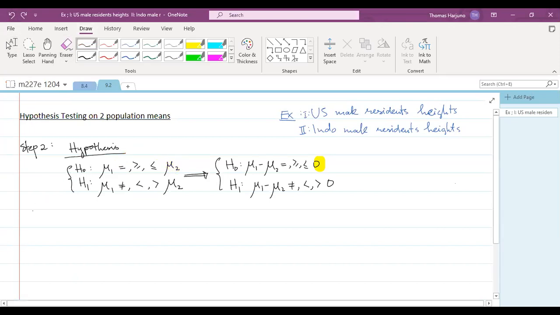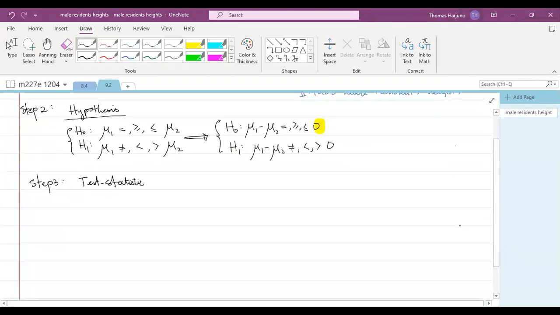Step 3, test statistic. It depends on whether we know the population standard deviation for each one of them, which is quite not common. If sigma 1, sigma 2 are known, if the population standard deviation for each group is known, then we will use the z-score.